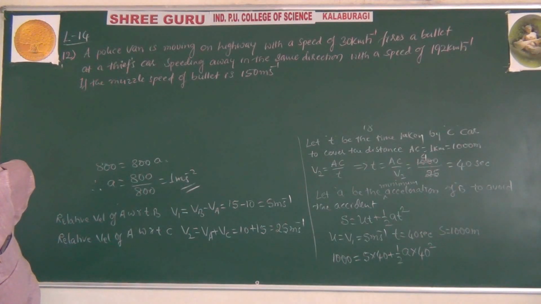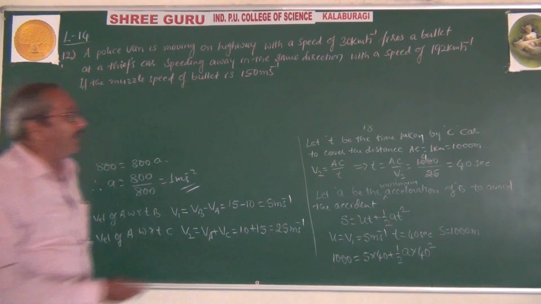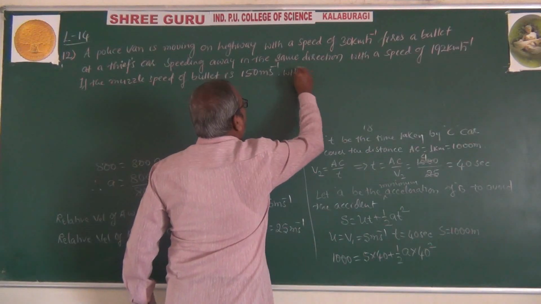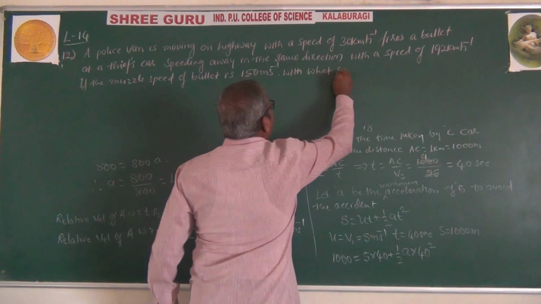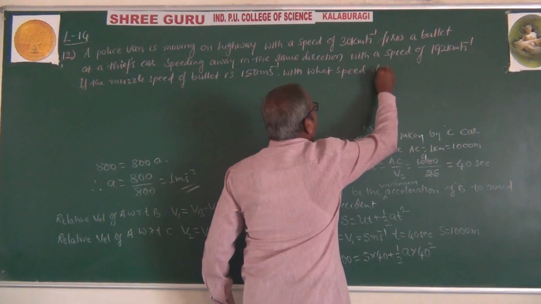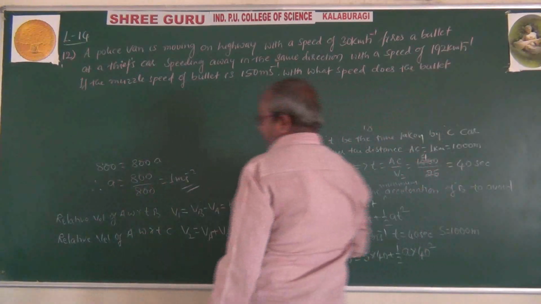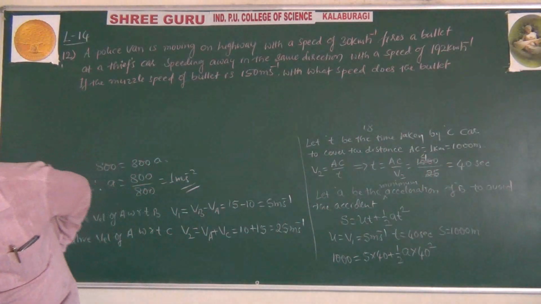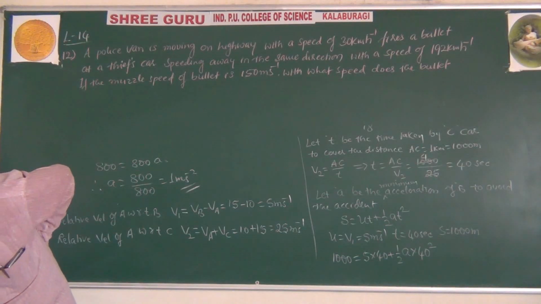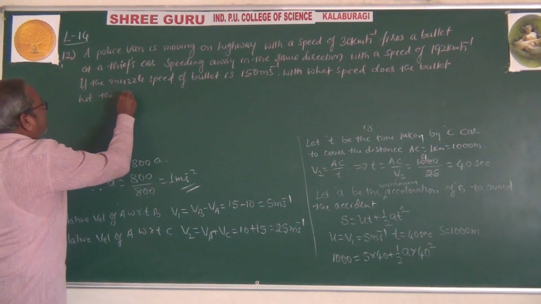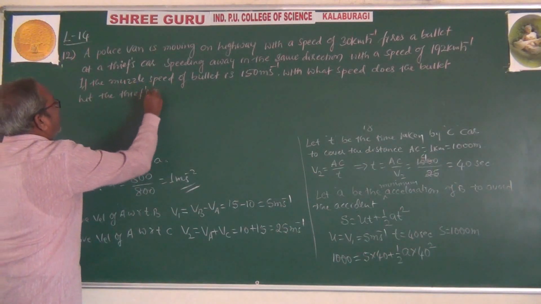With a muzzle speed of the bullet of 150 meters per second, with what speed does the bullet hit the thief's car?